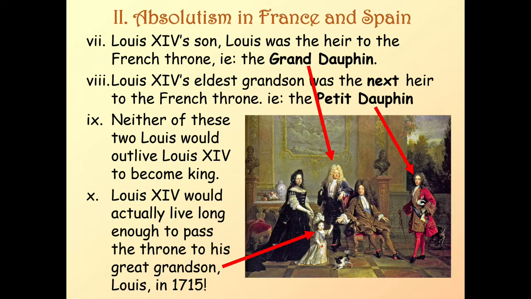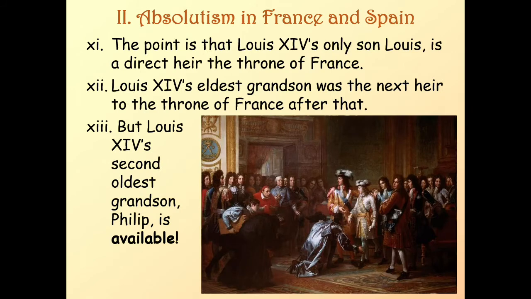Louis XIV would actually live long enough to pass the throne to his great-grandson Louis in 1715. And you can see this picture right here, the little baby right there. That's who he's going to pass his throne on to. The other two, his son and his grandson, they both get bypassed because they die first. And the point of all this is that Louis XIV's only son, Louis, is a direct heir to the French throne.